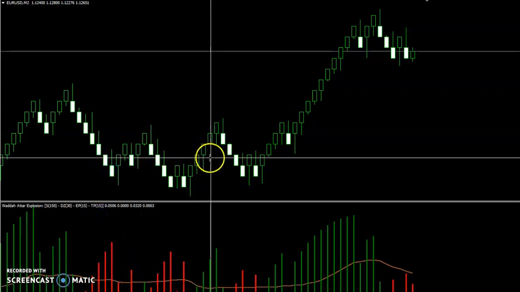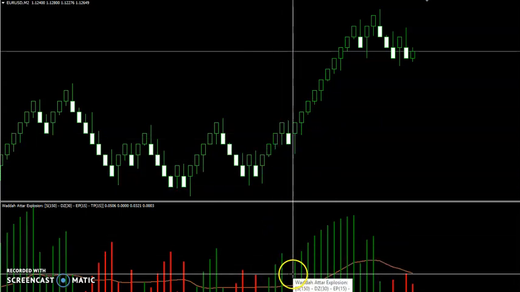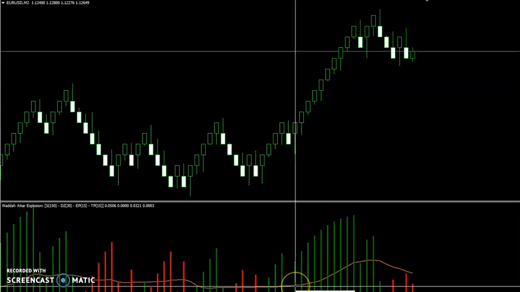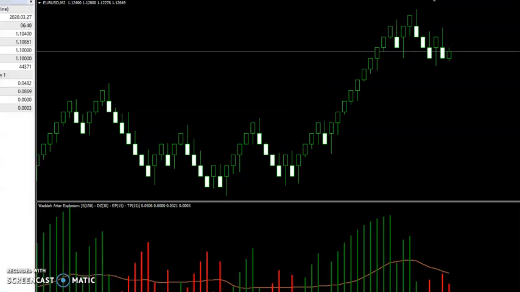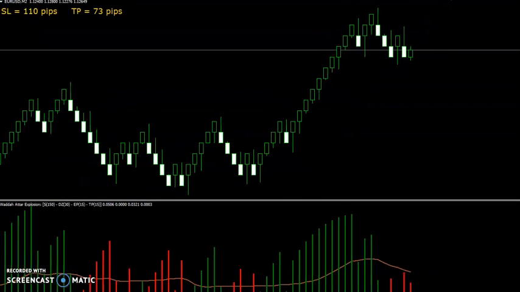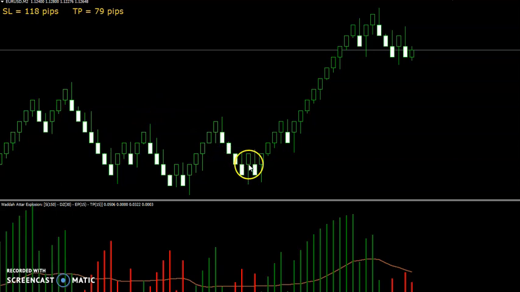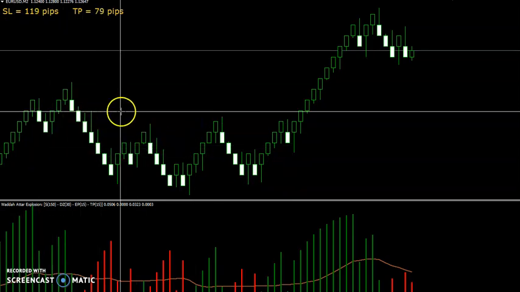What I liked about this indicator is it is really good at keeping you in trends. So once it explodes, let's say you take a buy order. Let's start from the left side of the chart.